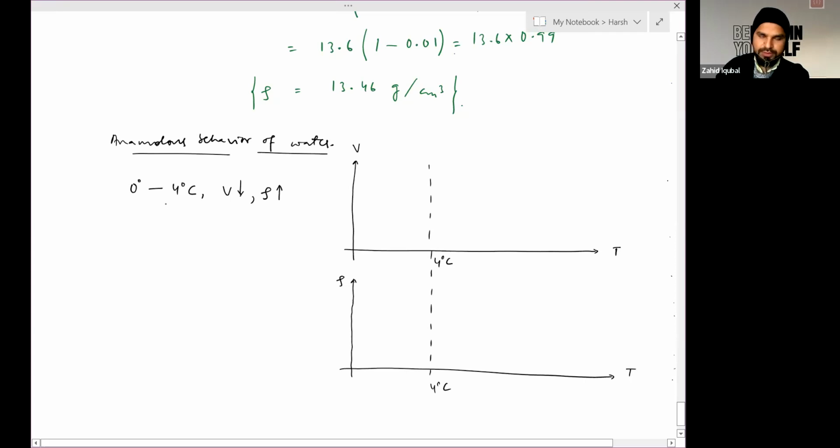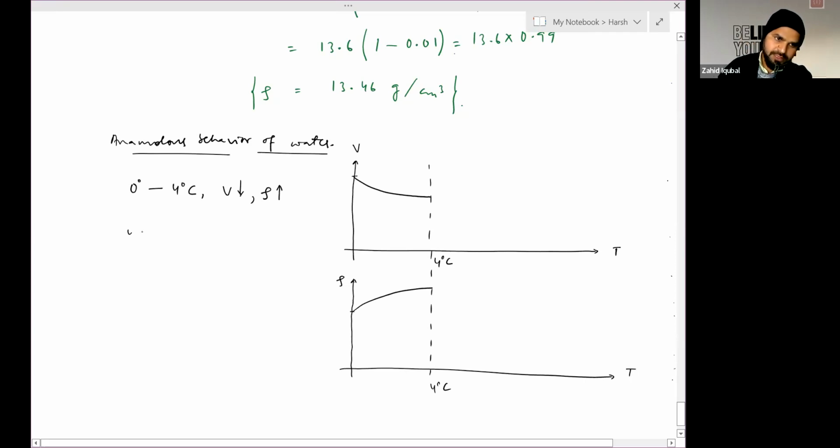Within this particular range of temperature, on increasing temperature, volume will decrease and consequently density will increase. So the graph will be like this, and for this, it will be like this. That's why water has maximum density at 4 degrees Celsius.